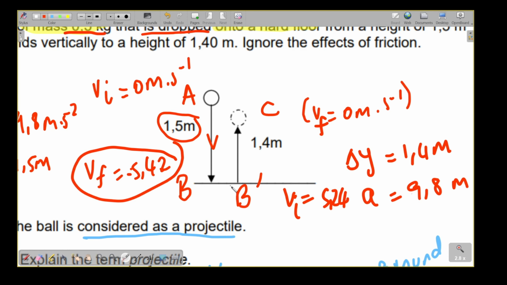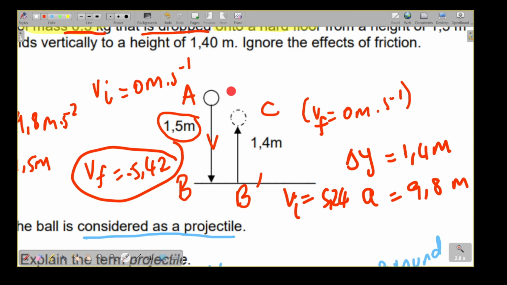But in most cases, the two cases we're going to have are that it's either going to lose kinetic energy, or the kinetic energy is not going to change. So here it lost kinetic energy because it went to a lesser height.